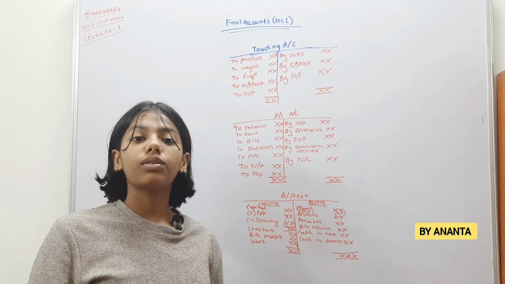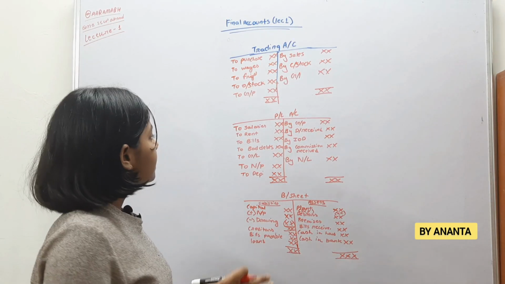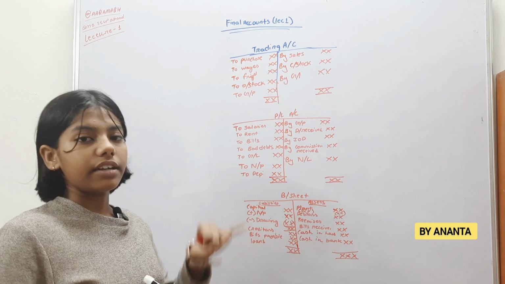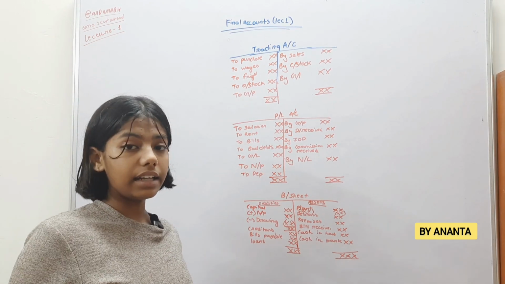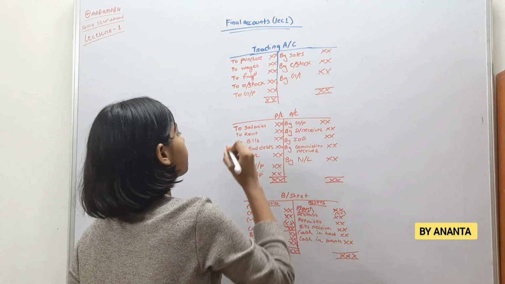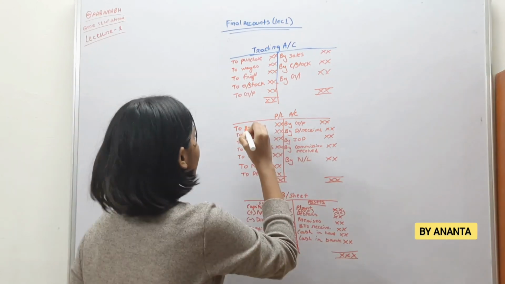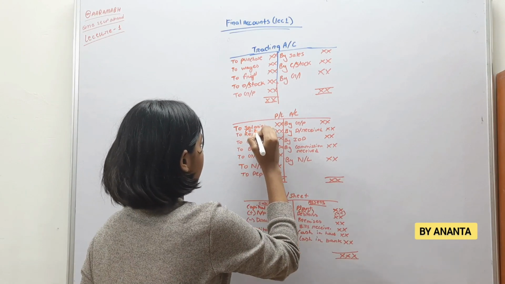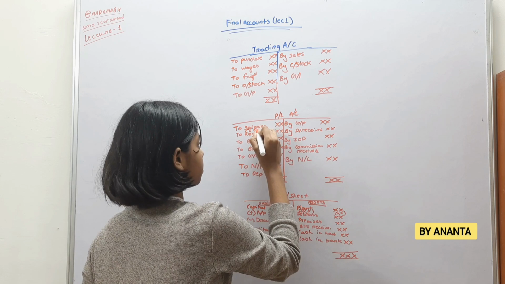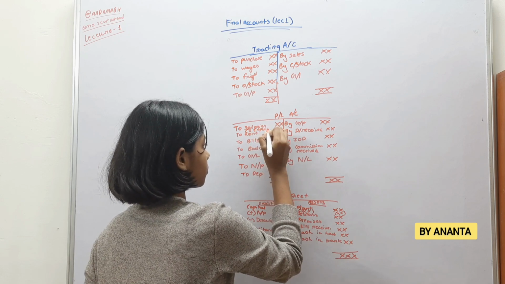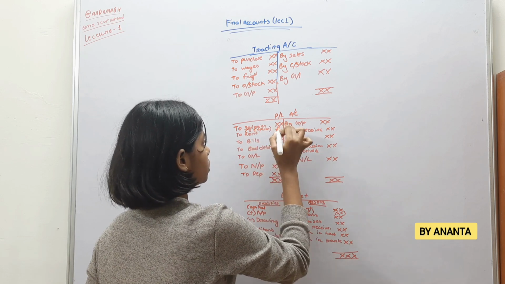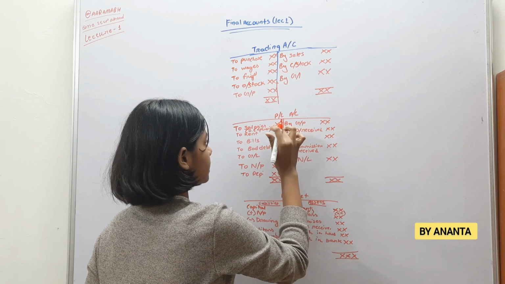The other is outstanding expenses. Let's say we have salaries over here, and we have outstanding salaries. In the PL debit account we'll first add the outstanding amount in salaries.